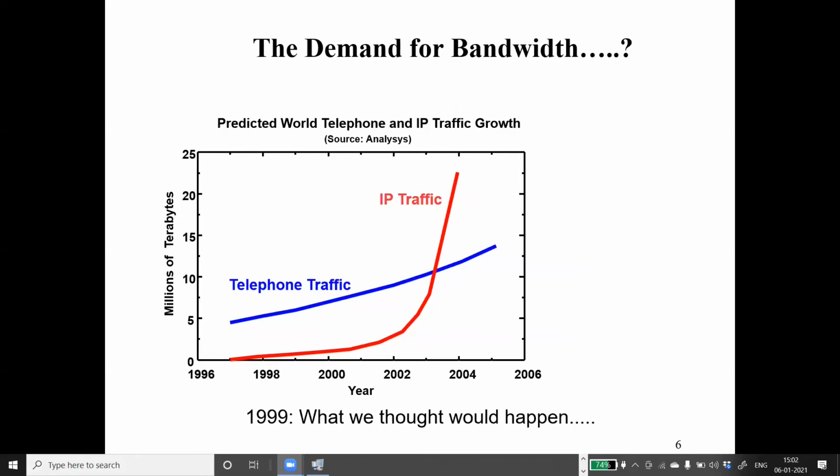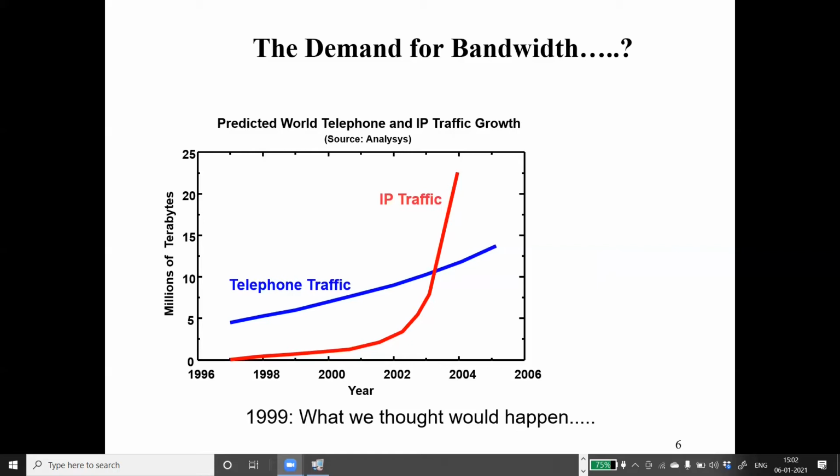Okay, ma'am. The bandwidth requirement, as you see from this plot, shows that telephonic requirements follow a linear curve, but IP traffic requirements are exponential. Previously, we never thought of getting 1 GB or 1.5 GB data per day, and today we are actually able to consume it.